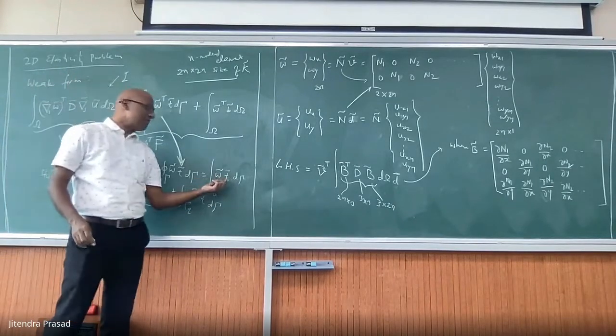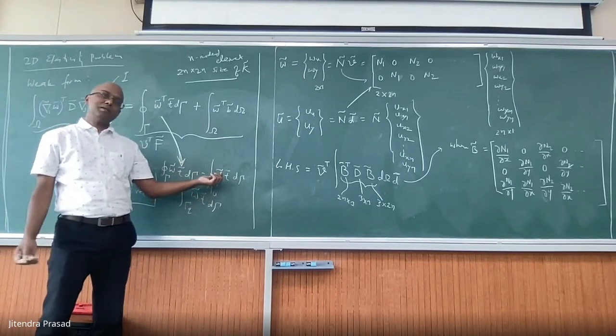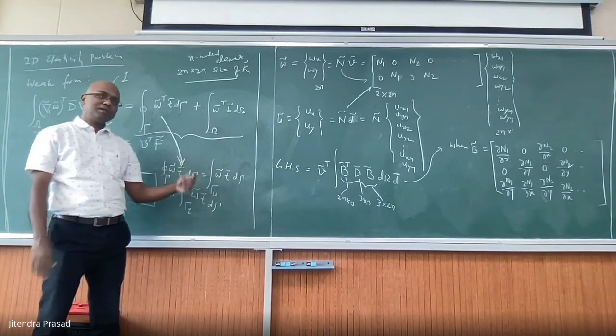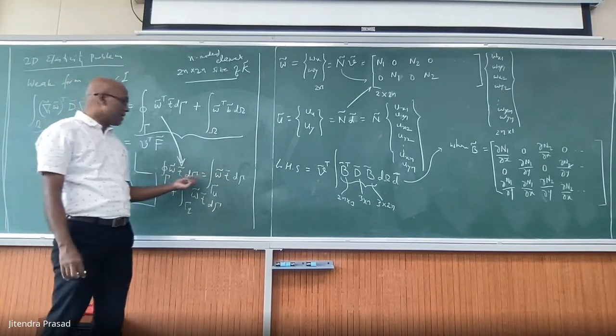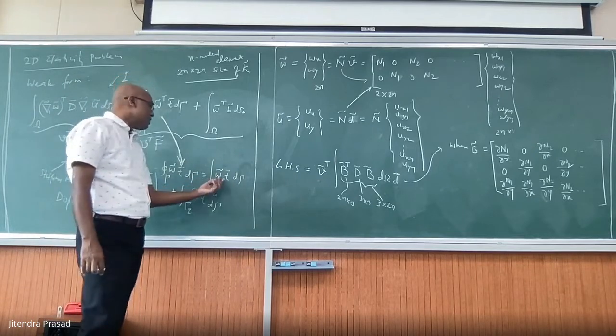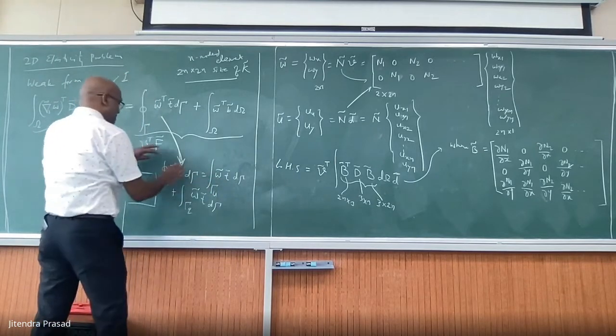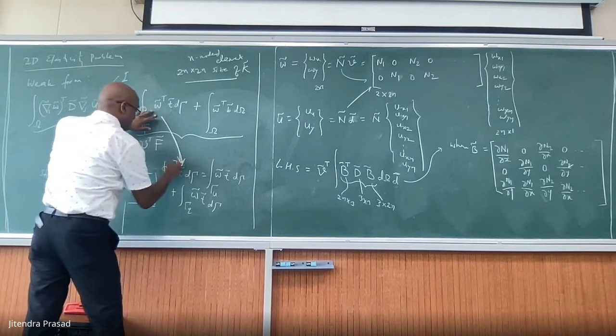Now where U is given, W, it will be 0. Right? So simply this will be 0. Hence this will be the transpose of that.